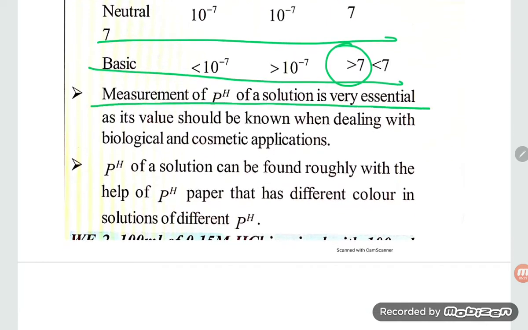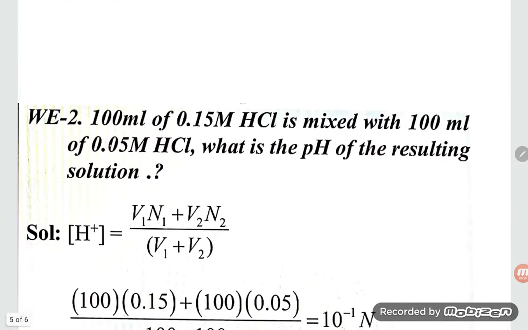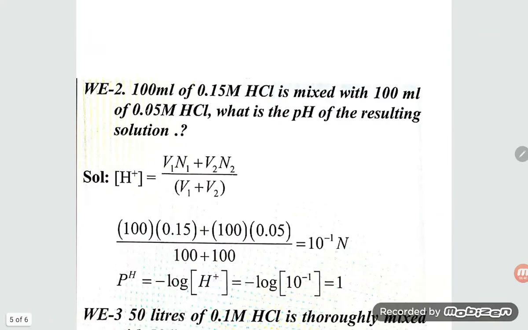Measurement of the pH of a solution is very essential. Its value should be known when dealing with biological and cosmetic applications. The pH of a solution can be found roughly with the help of pH paper, which has a different color in solutions of different pH.